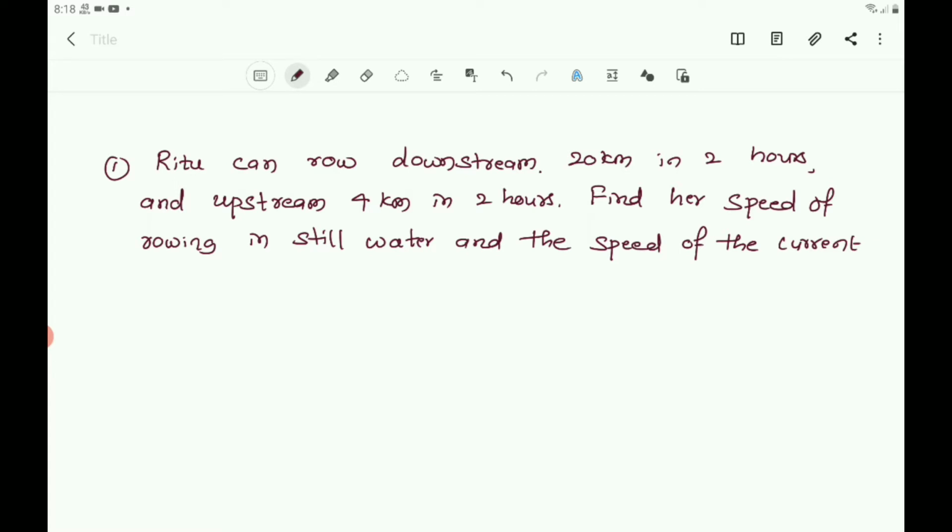So let us take her speed of rowing in still water as x km per hour and the speed of the current as y km per hour.